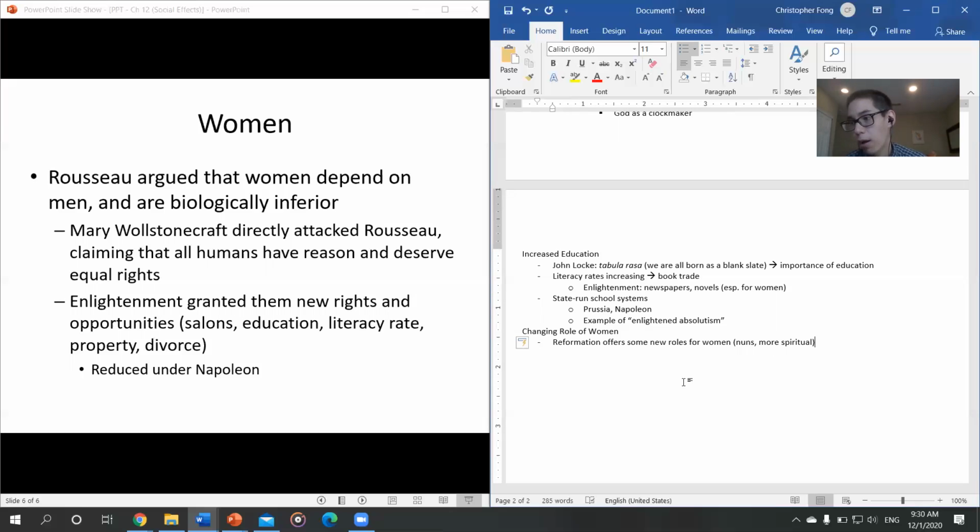But even during the Reformation, women were still seen as inferior and subservient, and were supposed to obey the man. By the time we get to the Enlightenment in the mid-1700s, this debate is still ongoing as to the role of women. Mary Wollstonecraft is the most famous female philosopher of her time who argued that women deserve equal rights and an equal vote.